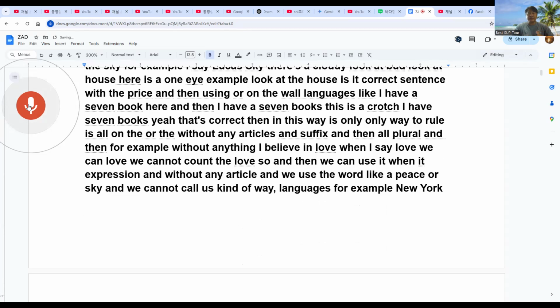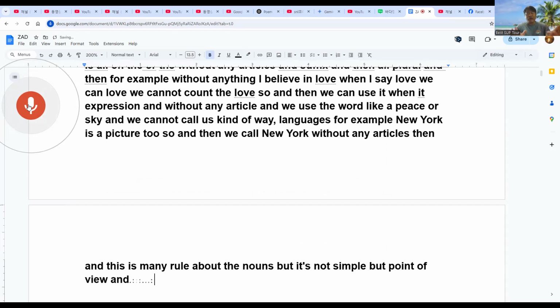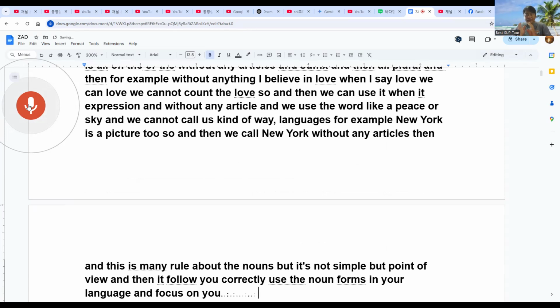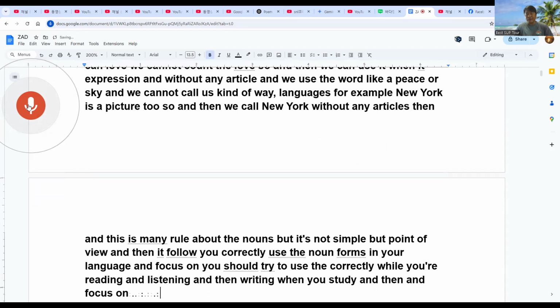There are many rules about nouns, and it's not simple, but if you follow them and correctly use the noun forms, and try to use them correctly while you're reading, listening, writing, and studying, then at least you can decrease mistakes by over 60% in your expressions.